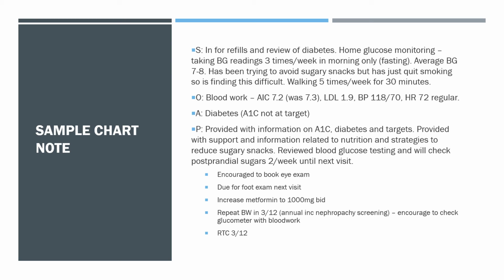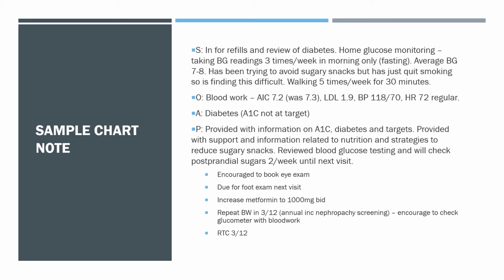The assessment: diabetes, A1C is not at the target goal. The plan: provided with information on A1C, diabetes, and targets, provided with support and information related to nutrition and strategies to reduce sugary snacks, reviewed blood glucose testing, and will check postprandial sugars 2 times a week until the next visit.